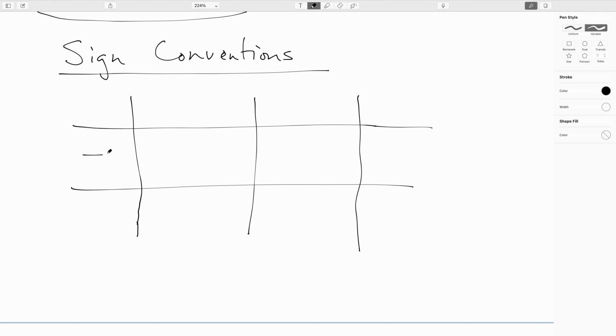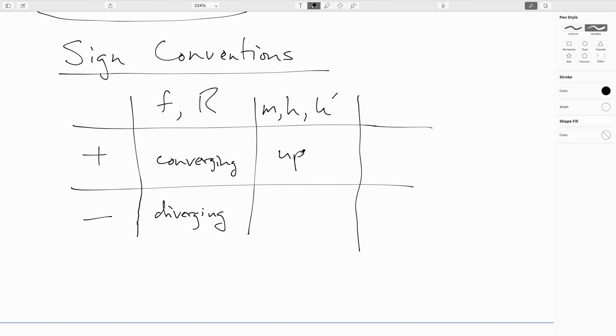So plus, minus. For focal lengths and radii of curvature, it's positive if the mirror is converging and negative if it's diverging. I'm not motivating this. I'm just saying if you make this choice of sign, the collection of equations that I give you works out. For your lateral magnification and also for your object and image heights, if the thing is upright, it's positive, and if it's inverted, it's negative.